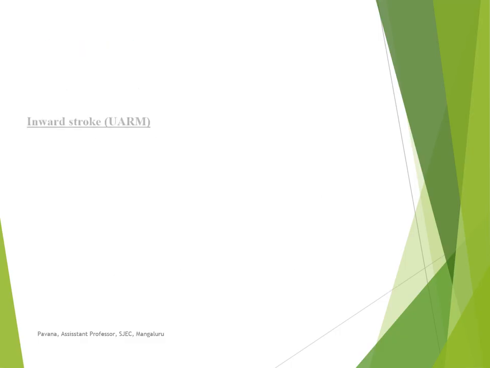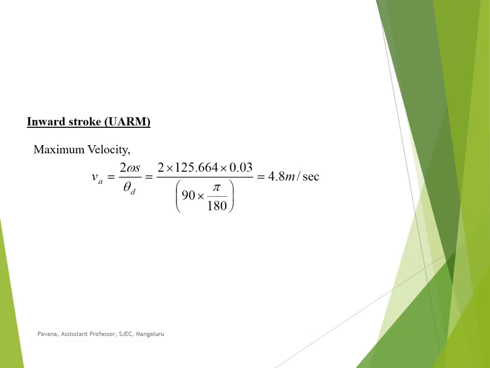Next, calculation for inward stroke. Inward means the follower is coming back to the starting point. What type of motion do we have? It is UARM. For UARM, when it is inward stroke, the maximum velocity formula is VA is equal to 2 omega S divided by theta D. That is the formula I gave in the chart. 2 into omega, 125.664, into S, 3 centimeter, 0.03 in meters, divided by theta.